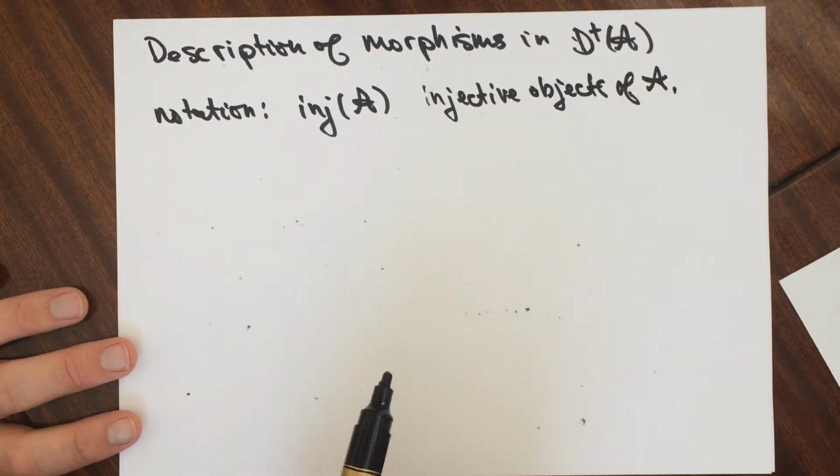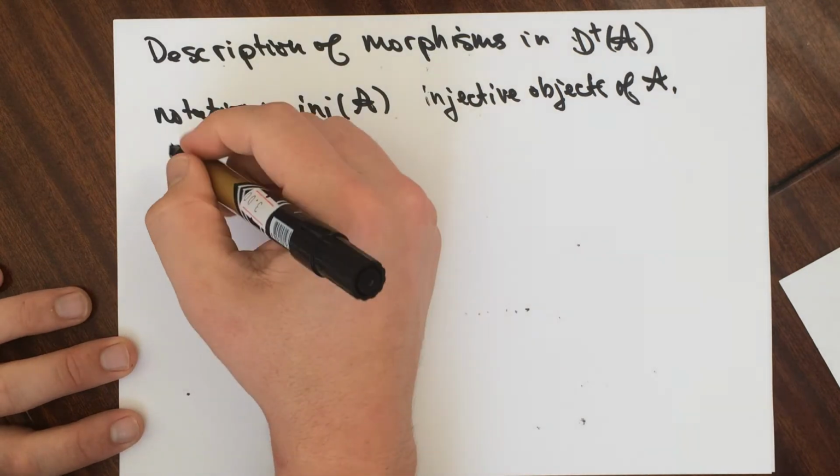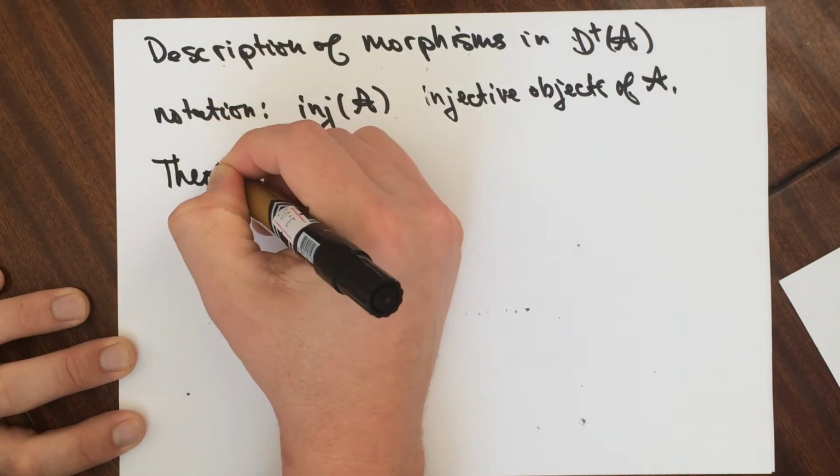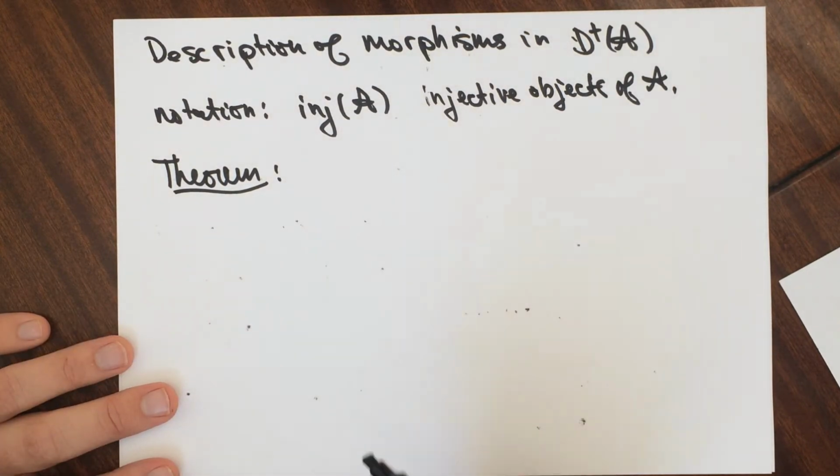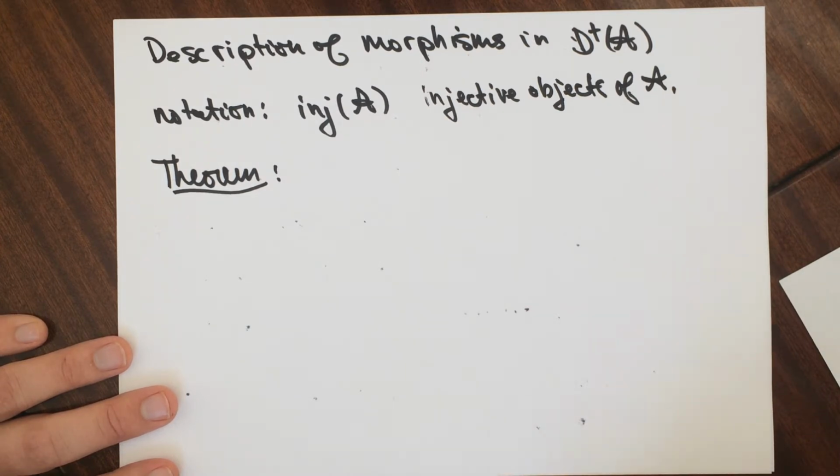Okay, so now theorem. We have these homotopy categories. Homotopy categories are just cochain complexes as the objects, and the morphisms are cochain maps modulo homotopy.